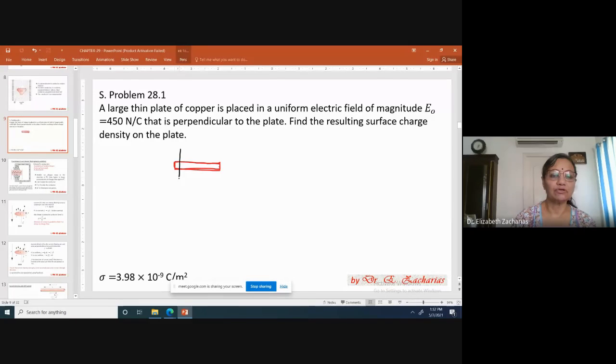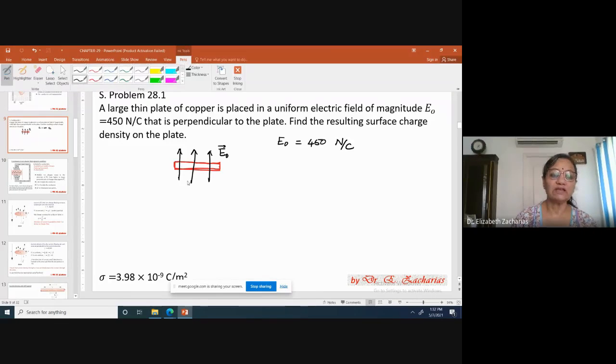Let me just draw this initially to show the uniform field. Let E naught be the uniform field. The value of the uniform field is given as 450 Newton per Coulomb, and it is perpendicular to the plate. Find the resulting surface charge density on the plates.